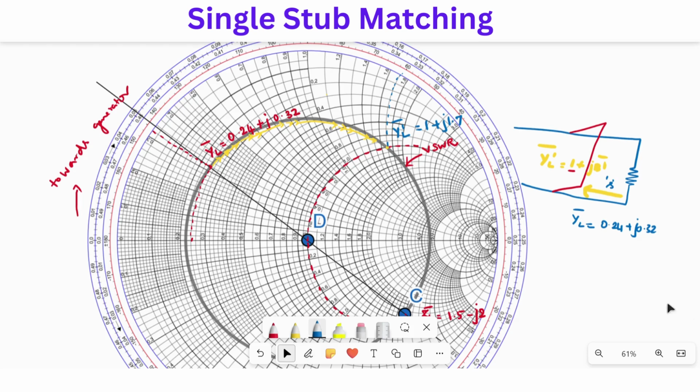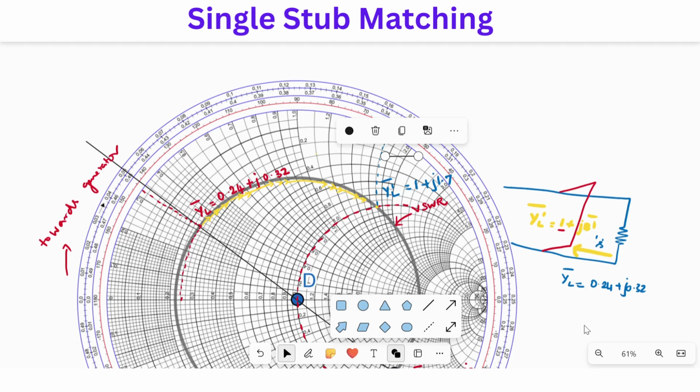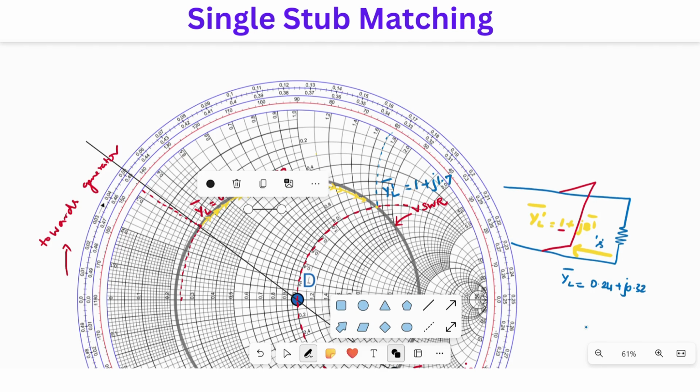So how do we find the distance from this Smith chart? This is your load point, and from your load point you have to move towards the generator, that is, in the clockwise direction.